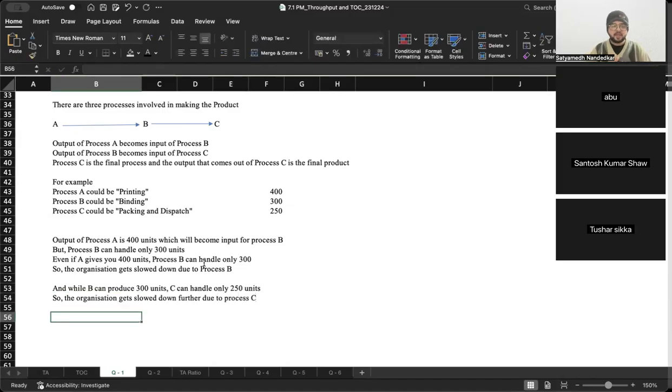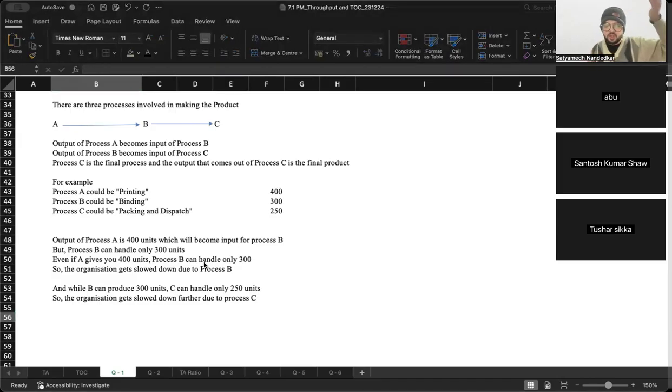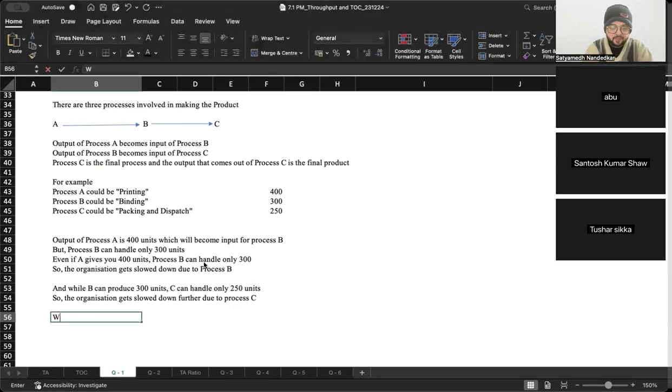Now, we have to ask ourselves the question, who is my biggest problem? That is my bottleneck. Who slows me down the most? Who stops me the most from reaching my objective? Process C. Although A can make 400 and B can still process 300, process C slows me down the most. So process C is my bottleneck.